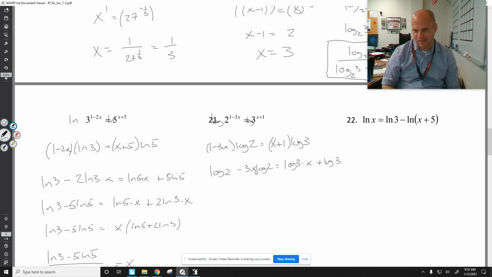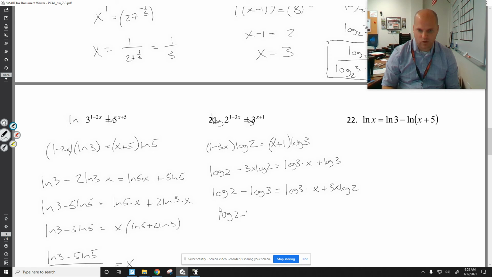Again, I'm going to add this just because I like adding x's rather than subtracting. So I got log 2. I'm going to subtract the log 3 on the left side. The right side, log 3 times x. I probably should put the x in front just so you're not confused with log base 3x. And I'm going to add, like I like this, the 3x log 2.